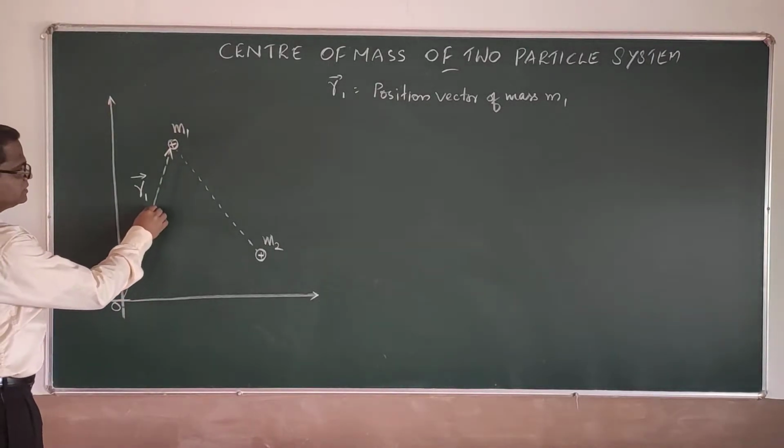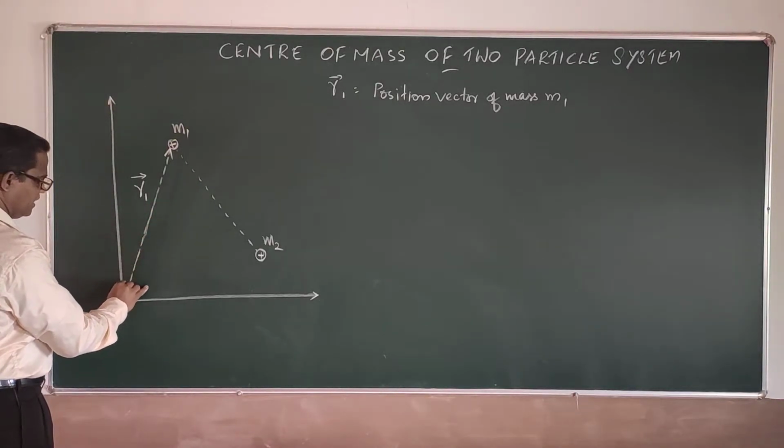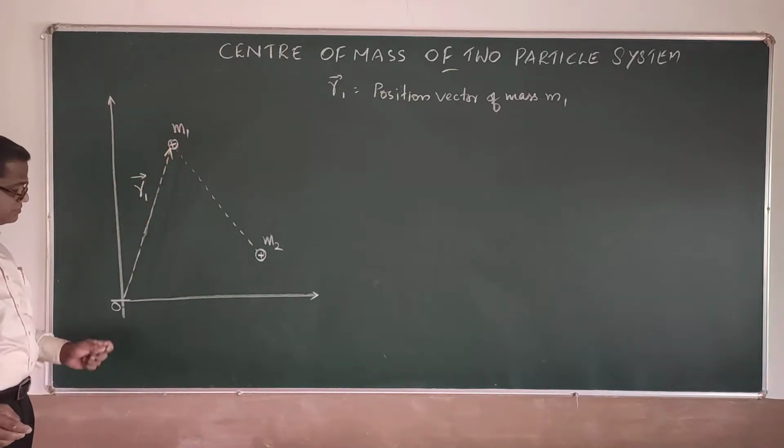So actually, taking that vector, we can identify where the mass m1 is from the origin.